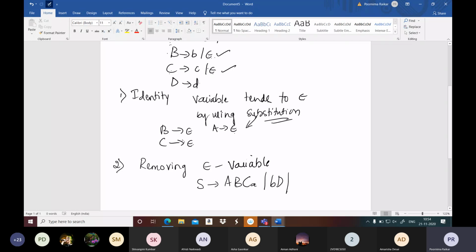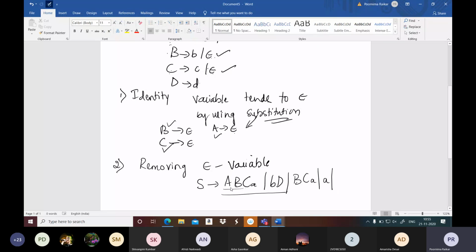Now you have understood A can be substituted with epsilon, B can be substituted with epsilon, C can be substituted with epsilon. So the original one you keep as it is. Now first time you substitute this A with epsilon, so I get BCA. The next time you substitute all three with epsilon, you get small a.